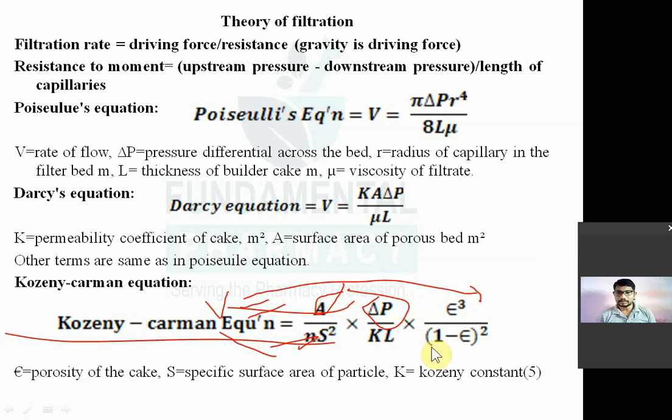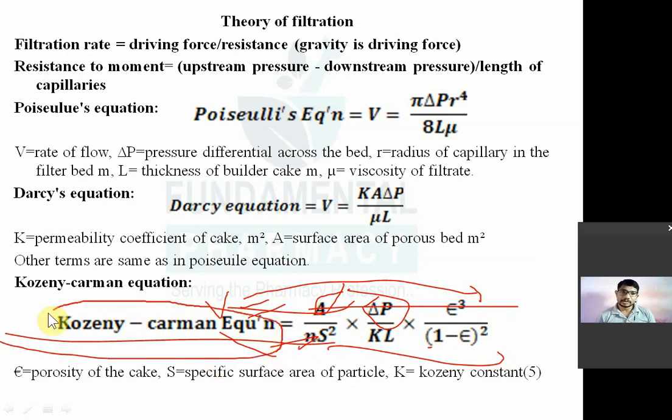If you introduce a slurry with pressure, again there will be increase in the rate of filtration. You can increase the surface area of filtration, so rate of filtration will be increased.